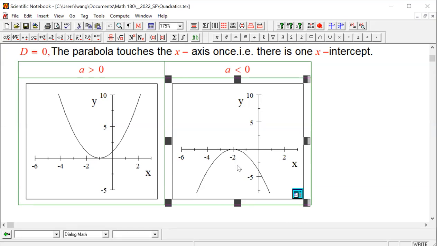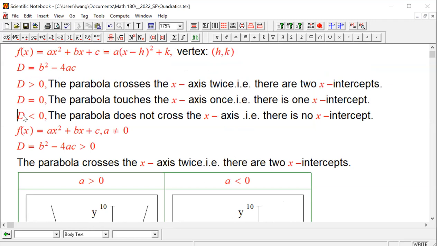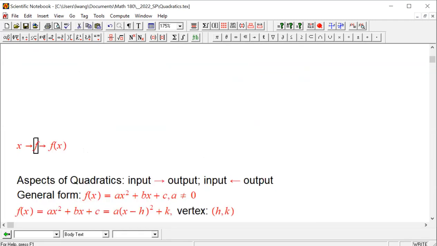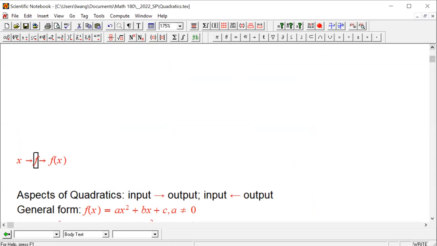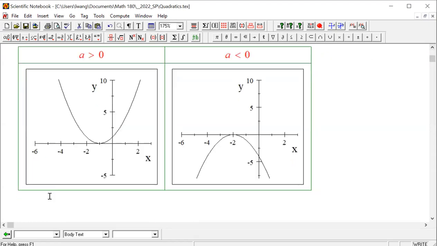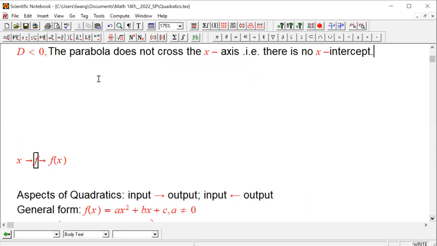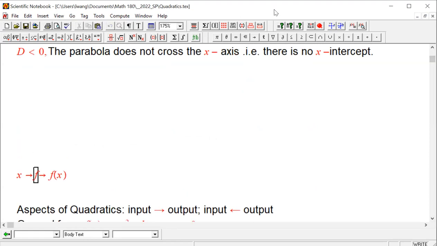It could be opening down and touching the x-axis once. Now, the third case: if the discriminant is less than 0, then we will have no touch with the x-axis.